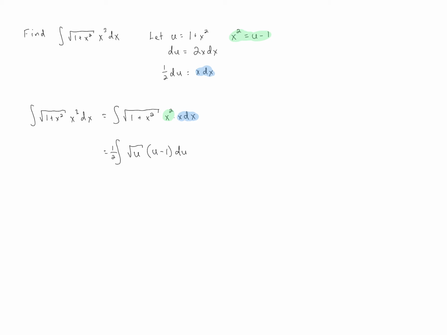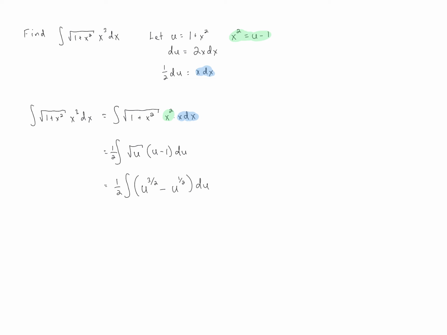This maybe looks a little tricky, but what we can do is distribute that square root of u, and we can write both of the terms as powers of u. So here, when we take root u times u, that's u to the 1/2 times u to the 1. That's going to end up being u to the 3/2. And then minus the square root of u times 1 is the square root of u, which is the same as u to the 1/2.